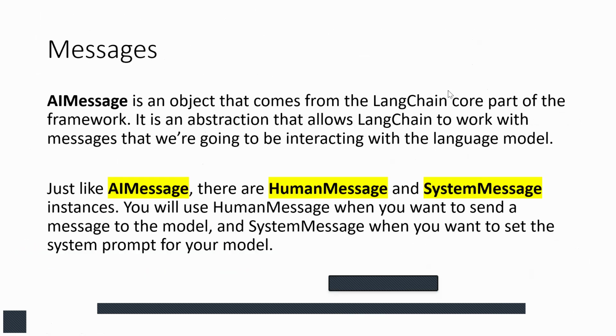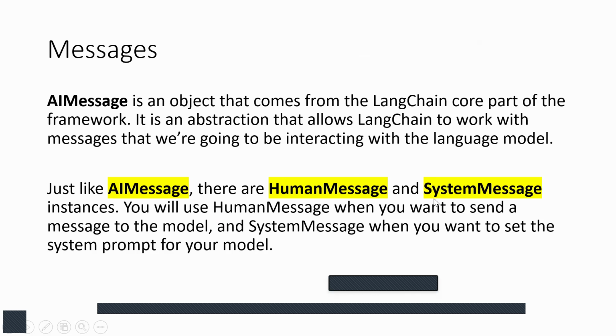So yeah, these are those objects basically. These are objects of Langchain, which we will be using. AI message: whenever there is a response from the LLM, that will be marked as an AI message. The human message is an object where we are passing the question from the user. Okay, and system message is a message where we are setting the persona or personality of my large language model.